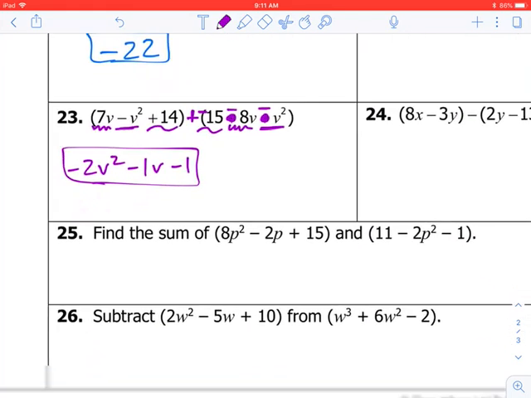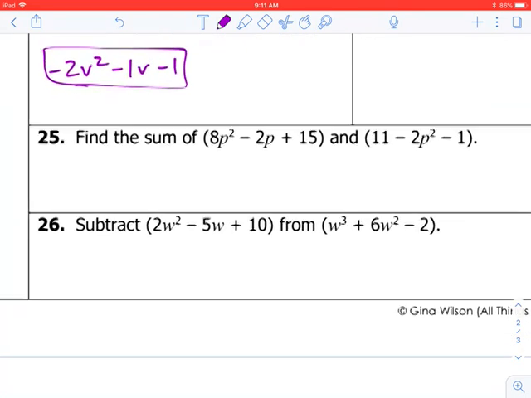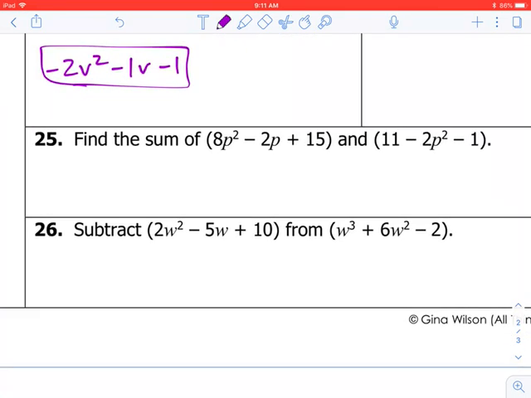Okay. So for these last two, it says find the sum and subtract. So find the sum, that means just add them together. Okay, so that should be pretty easy. Add these two together means 8p squared, negative 2p squared, 6p squared. Negative 2p doesn't have a like term here, so negative 2p.